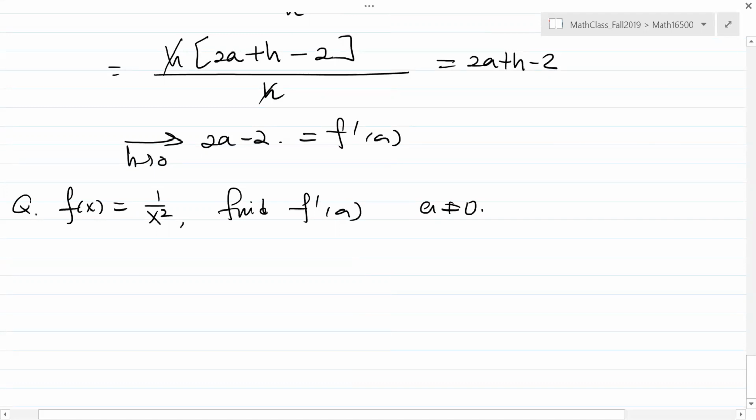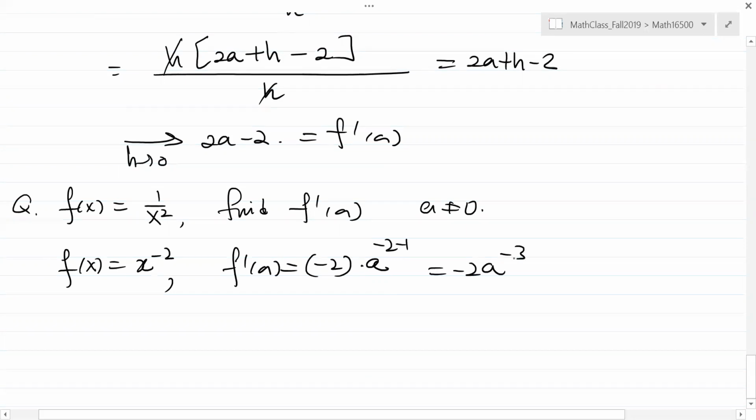The formula says that you can express this as x to the negative 2, right? So f prime a, alpha is negative 2, so negative 2 times a to the negative 2 minus 1. So it's going to be negative 2a to the negative 3.